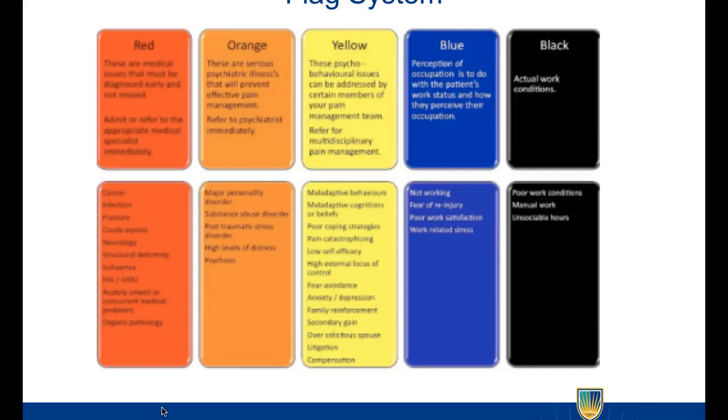Yellow, these psychobehavioral issues can be addressed by certain members of your pain management team. Blue is perception of occupation, which has to do with the patient's work status and how they perceive their occupation, while black is actual work conditions.